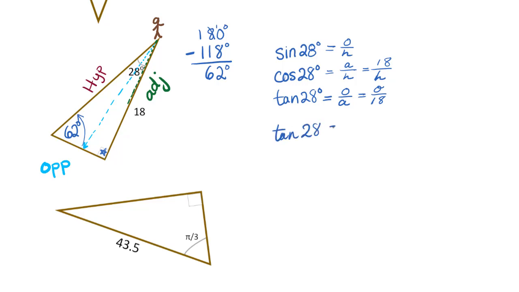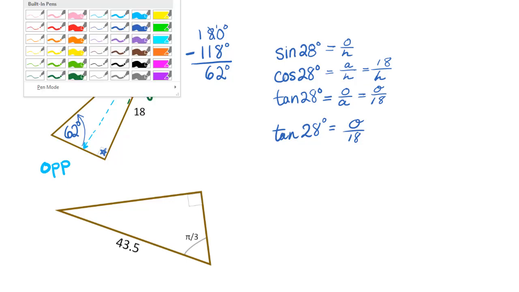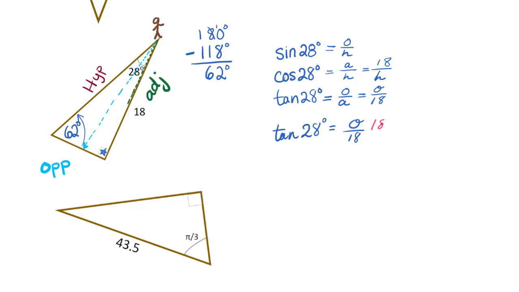Tangent of 28 degrees is going to equal opposite over 18. That means I'll multiply both sides to clear my fraction. 18 reduces out of the right side, and I'm left with 18 times the tangent of 28 degrees is equal to the opposite side.